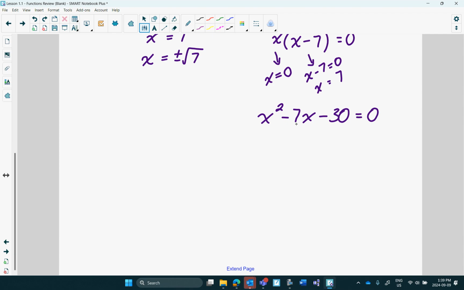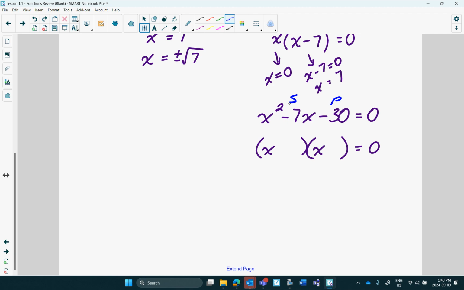Well, this is a trinomial. So right away, two binomials, x and x. And I'm looking for two numbers that multiply to get negative 30 and add to get negative 7. Don't think of two numbers that add to this.